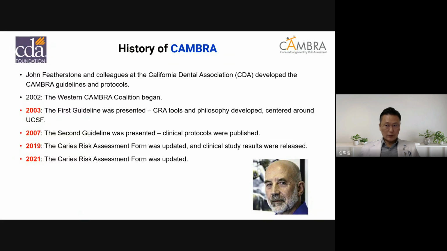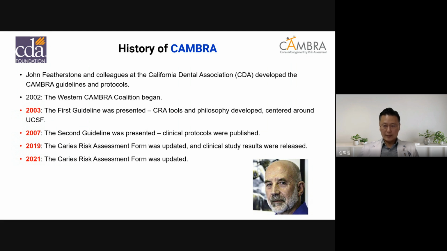Yeah, I briefly introduce the history of CAMBRA. John Featherstone at UCSF first proposed this concept. CAMBRA stands for Caries Management By Risk Assessment. They formed a specialized group in 2003. Then they published the first guideline. Then in 2007, they published the second guideline.